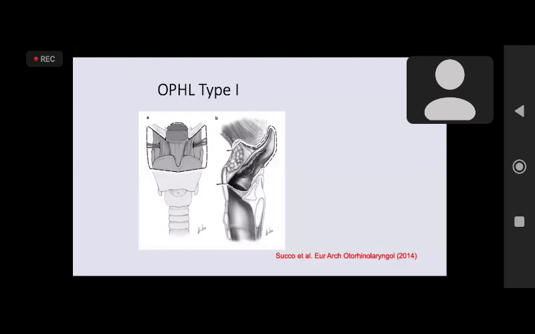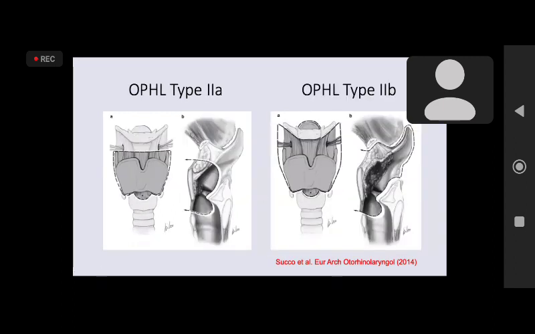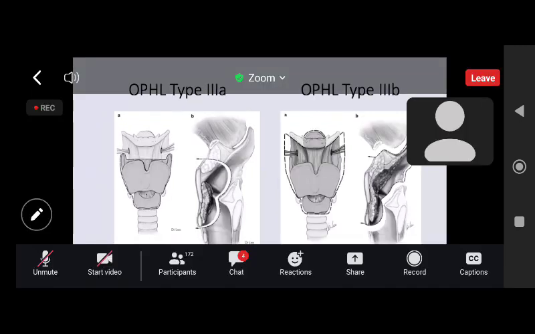Typically, OPHL 1 is where we make the cuts above the glottis and remove en bloc the whole of the pre-epiglottic space, preserving the hyoid but removing the epiglottis too. OPHL 2A and 2B depend upon whether we preserve or remove the epiglottis when we remove the tumor. And 3 is above the trachea.